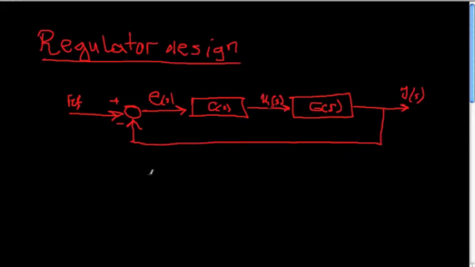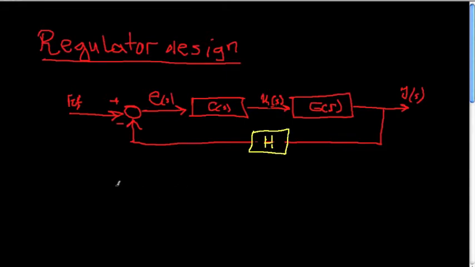One can also have the configuration that adds here an additional feedback element H, and again, a regulator design is nothing but to find the C of S transfer function.